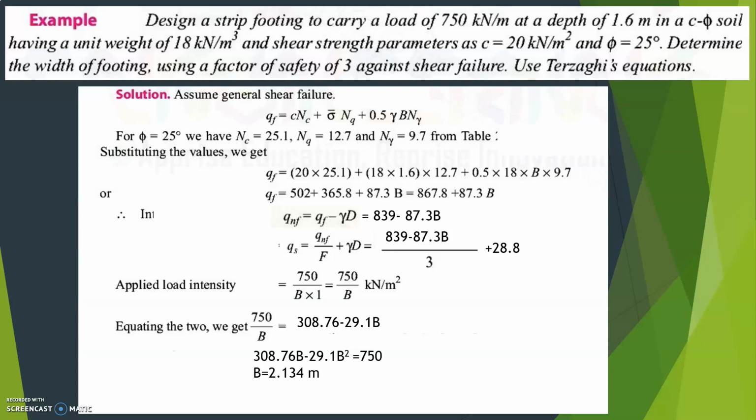In this case, it is compared with bearing capacity. So once it is converted into intensity, you can equate it with the bearing capacity value, that is the safe bearing capacity value. Once you equate, only one unknown will be there, so you can easily find the size of the different types of footing. I hope all of you understood. Thank you.